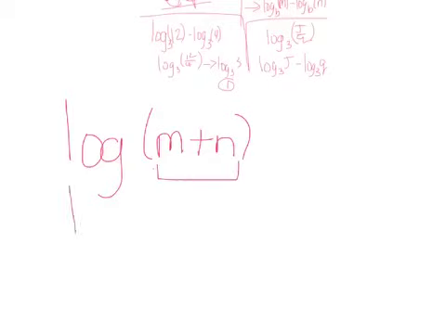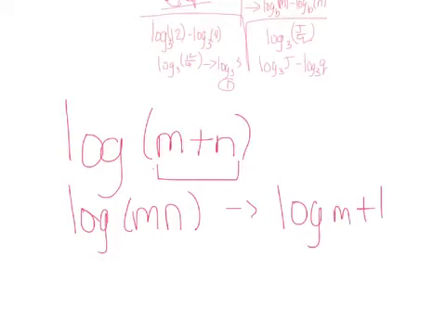If it had been log of mn, then I use my product rule, log of m plus log of n. But this and that are not equal. So please do not interchangeably use them.